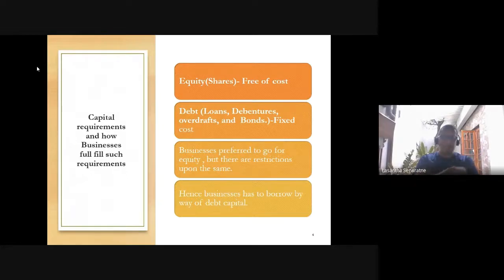Only listed companies can issue shares to the public. Now, even for a listed company, it's not easy to issue shares. The main reason is that their shareholders will say, no, we are not going to buy your shares. We have invested the maximum. Don't issue shares. If we don't exercise, our percentages will get diluted.